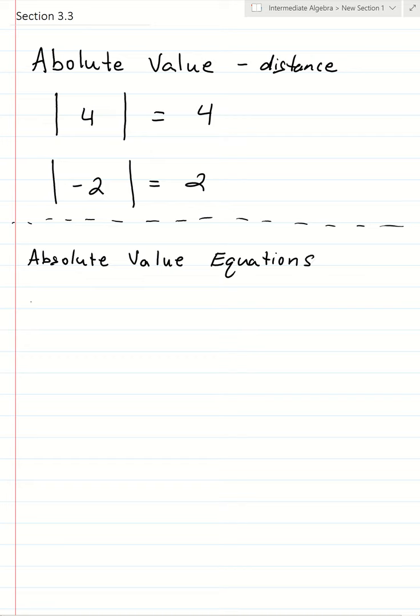And we're going to say A is going to be an algebraic expression of some sort, whether it be an x, a 5x, an x plus 2, an x minus 7, some type of algebraic expression. That's what A is going to represent. And C is going to represent some positive constant.